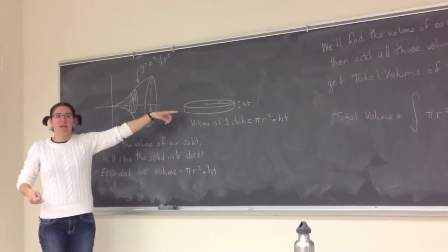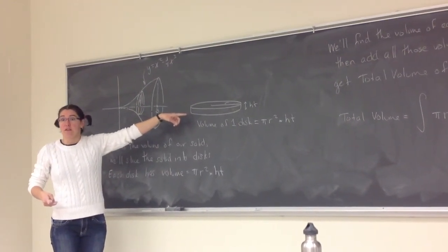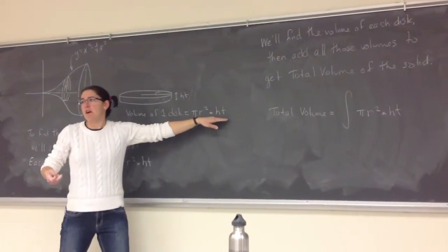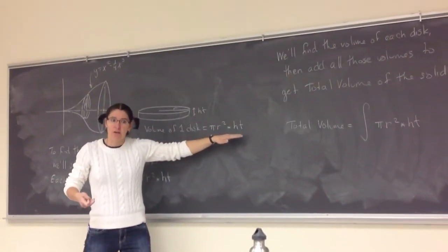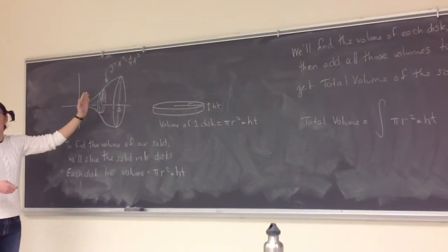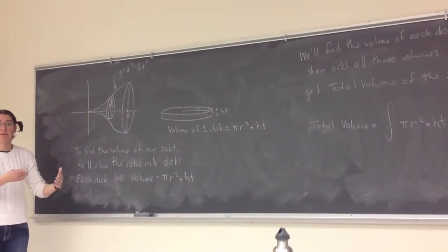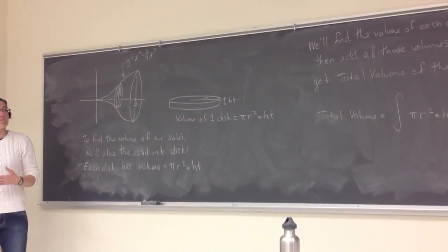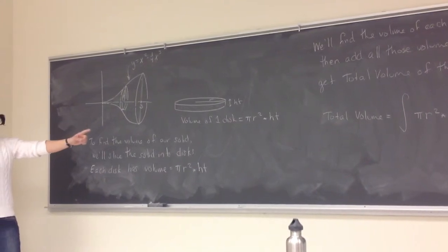And we know what the volume of a disk is. So when I look at that, which is pi r squared times the height or times the thickness, I say, okay, I can come up with a formula for the volume of a typical slice, and then add all those up. And that's my Riemann sum, which when we take a limit turns into an integral. Right, any questions about this idea?